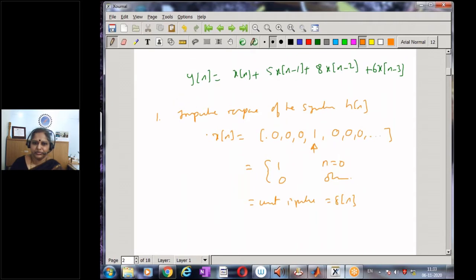Now in this equation, I will put n equal to 0, and what I will get is y of 0. So what I get is x of 0 plus 5 x of minus 1 plus 8 x of minus 2 plus 6 x of minus 3.